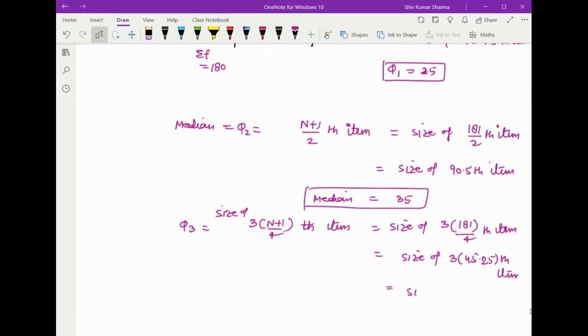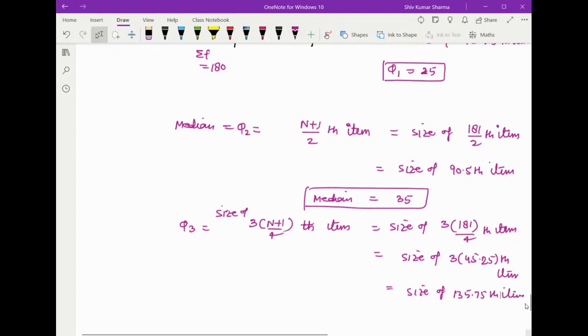So this will be 135.75, the 135.75th item.